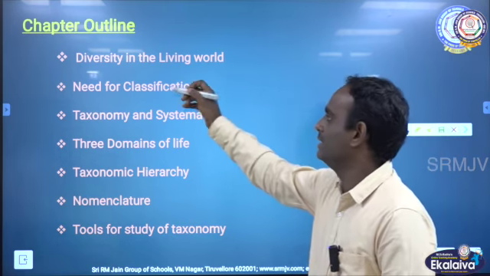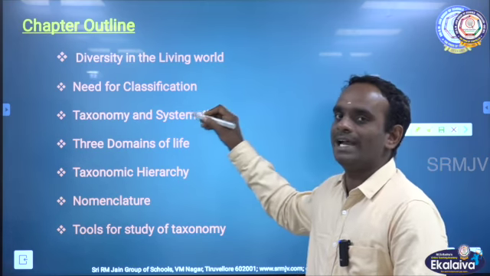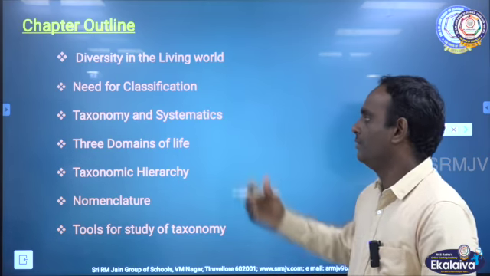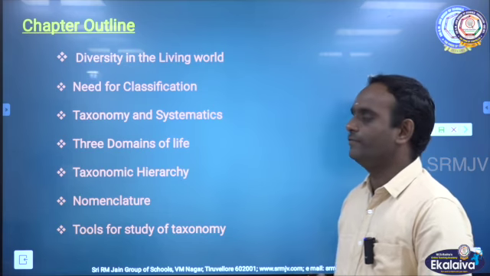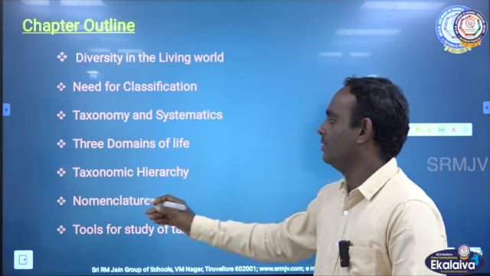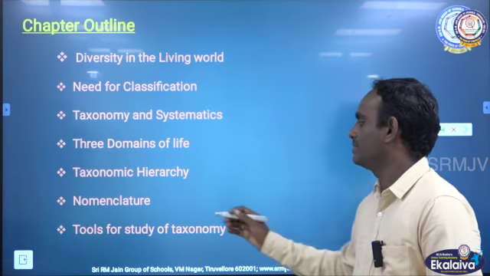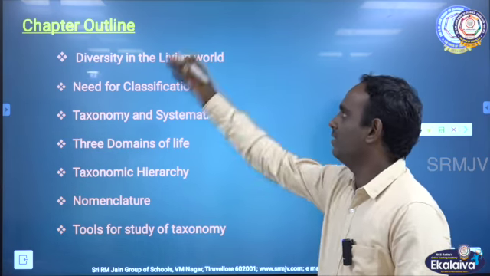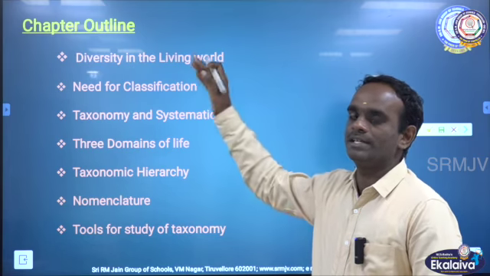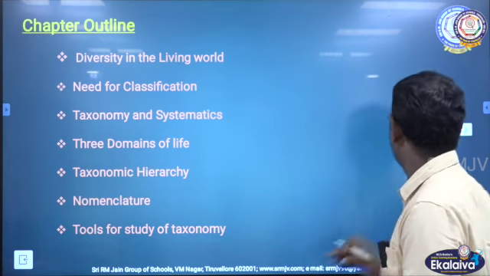The next one is need for classification. Third is taxonomy and systematics. Fourth, three domains of life. Fifth, taxonomic hierarchy. Sixth, nomenclature. And the last one is tools for study of taxonomy. These are all the topics we are going to discuss in detail. First, we will see the diversity in the living world.